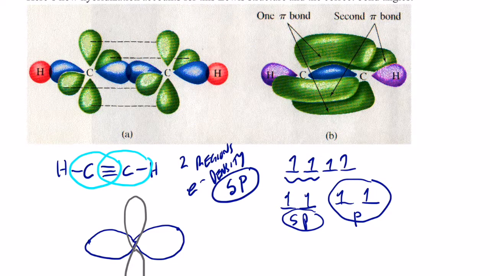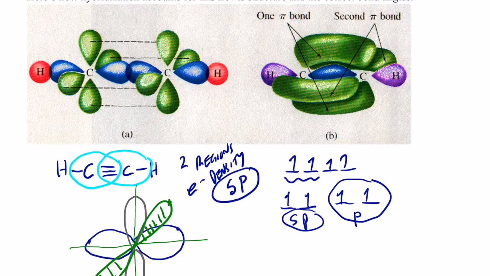So if this were my x-axis right here for my sp hybrids, and this were, I guess we'll call it my z-axis for one of my non-hybridized p orbitals, the other one would be coming in and out of the paper on this other y-axis. So that's really, really hard for me to draw. Hopefully the illustration above, when I get to it, will show that a little better.